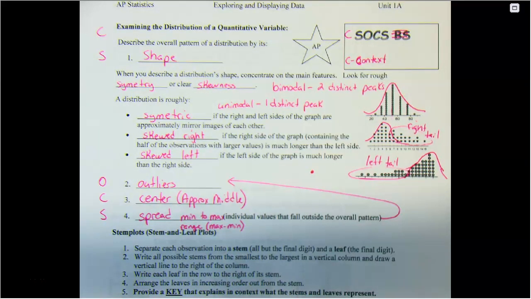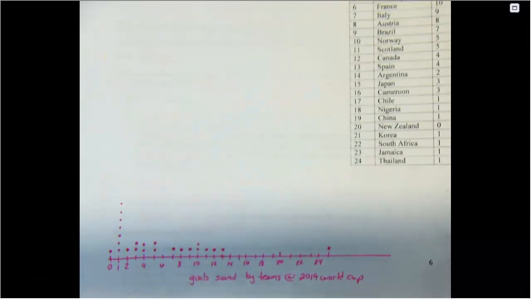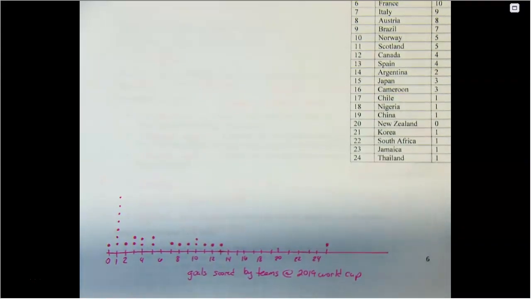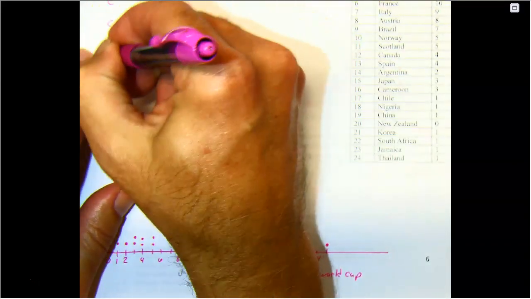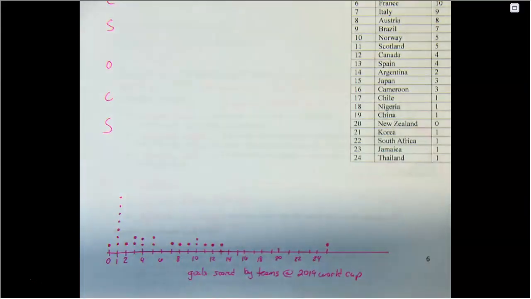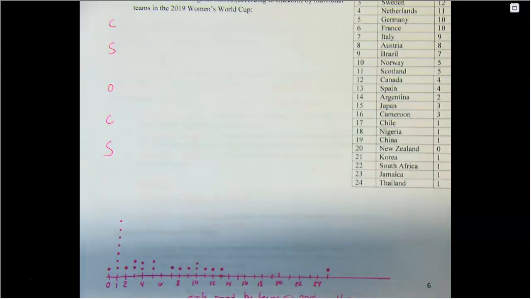So here's what we need to be able to do. Now we're going to go back to the dot plot, because what was the purpose of a dot plot? It takes a picture of the data, the distribution, and now we want to be able to describe this. So we're going to come back to our dot plot that we made for goals scored, and we need to be able to describe this. Remember, we're going to do our CSOCS. That's just an acronym to help us remember what to do.